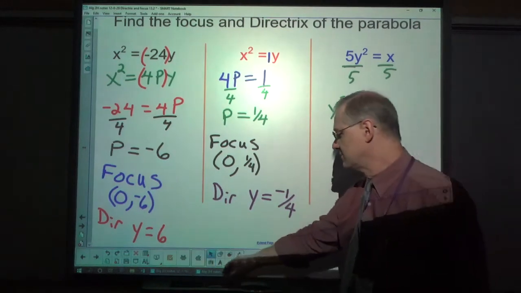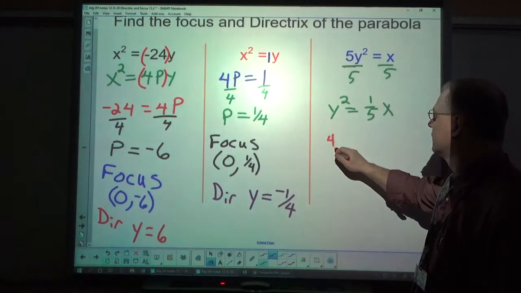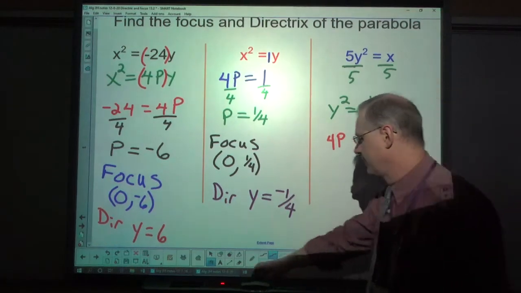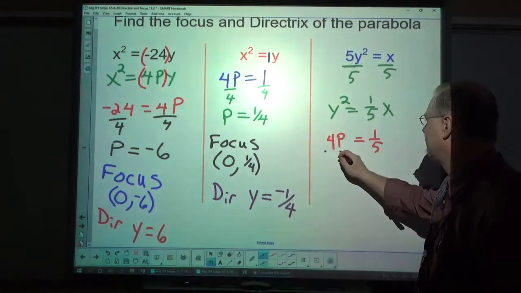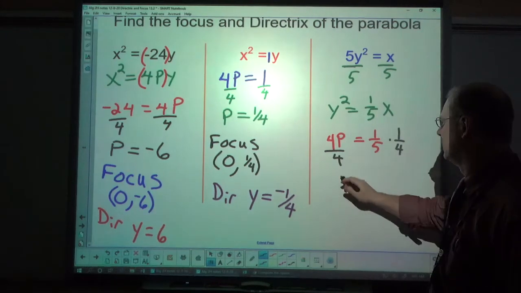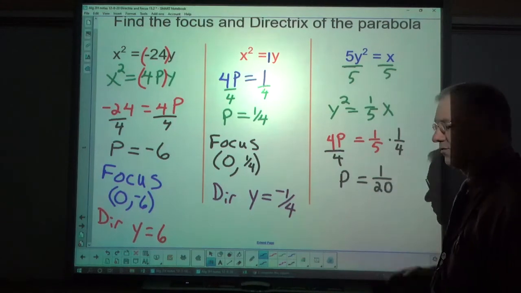Dividing by 5 is the same as multiplying by 1/5. So 4p has to equal 1/5. If I divide by 4, that's the same as times 1/4. So p ends up being 1/20th.